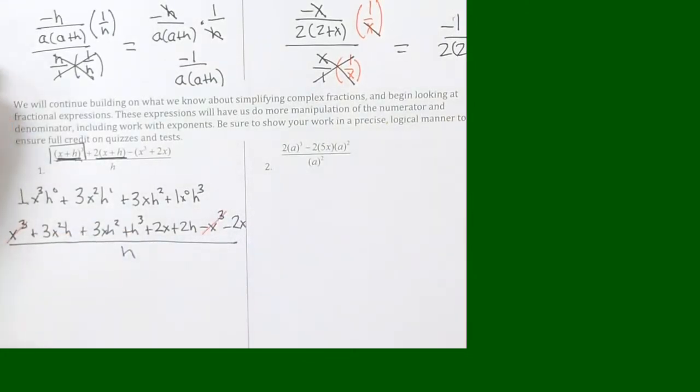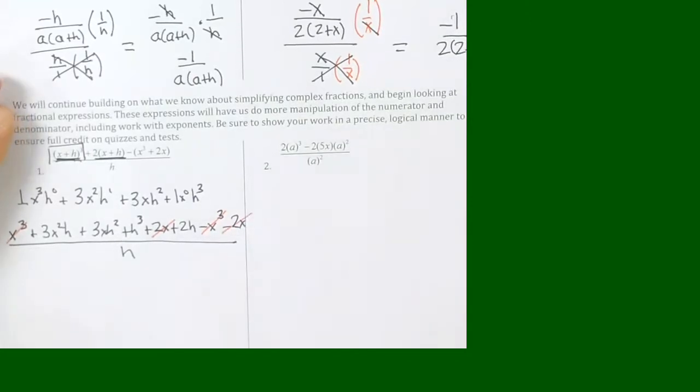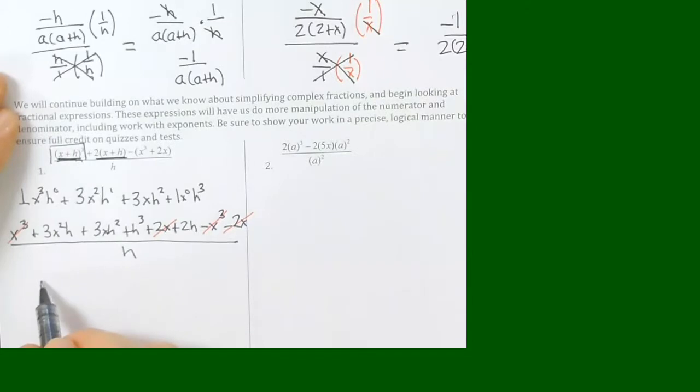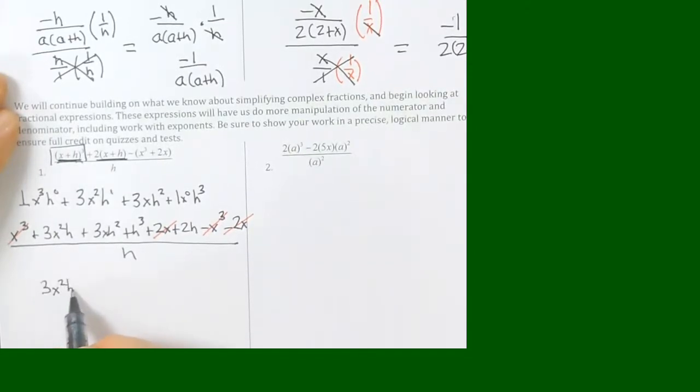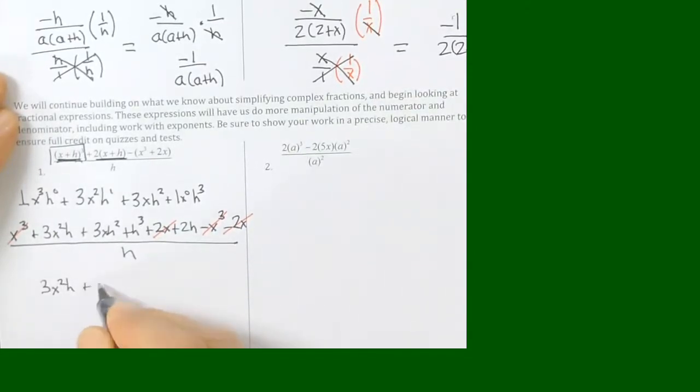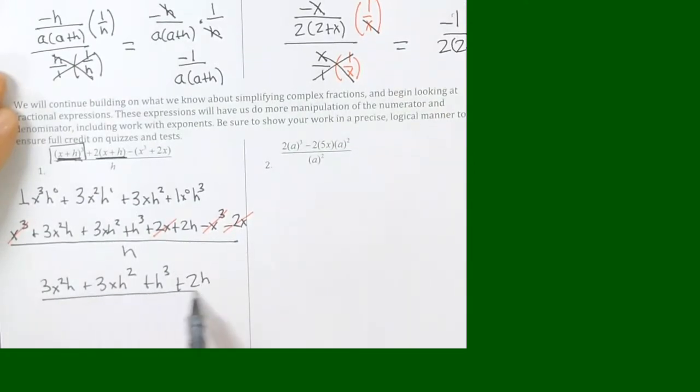X cubed, 2x. So what do I have left? 3 x squared h plus 3x h squared plus h cubed plus 2h all over h.